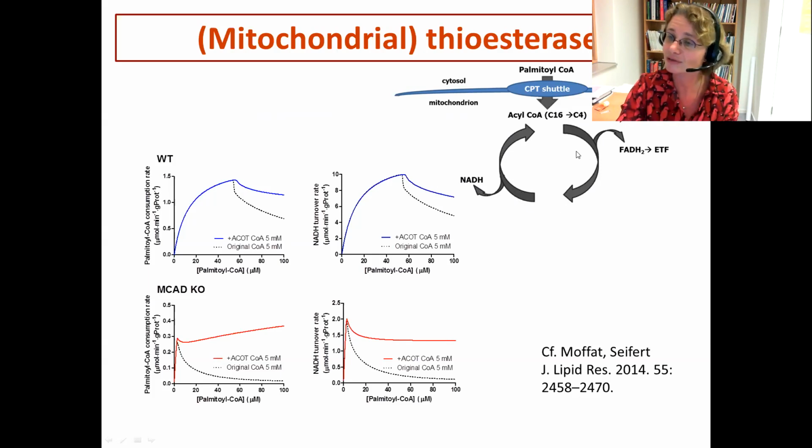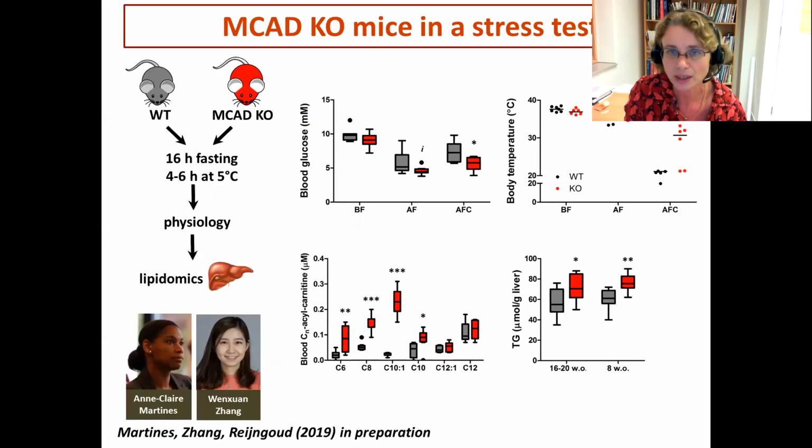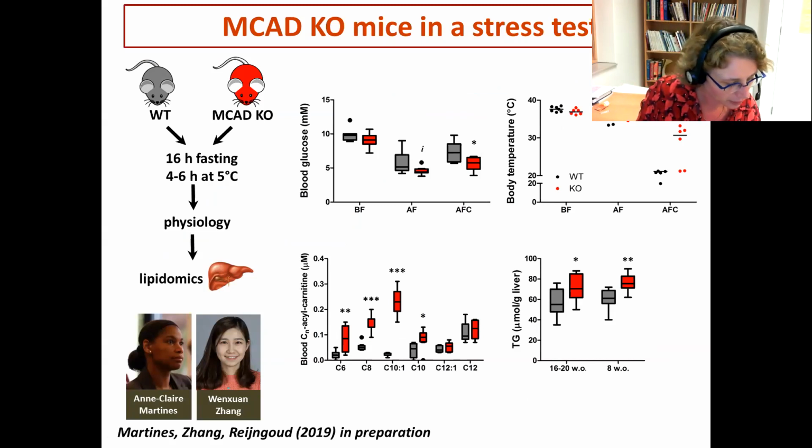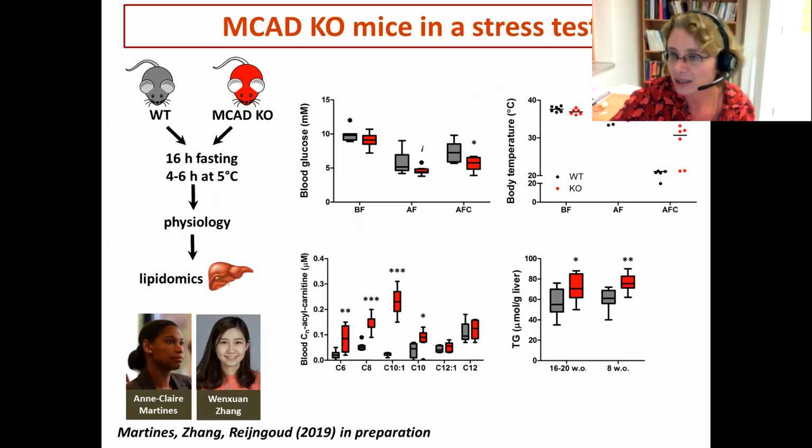So I think this is really why you need modeling. This is, for me, a nice example of an emergent property. And this relates well to literature where people have overexpressed this enzyme and where they saw really higher oxidation of fatty acids by the mitochondria. So it fits. I have one final result, if that is okay in view of the time.